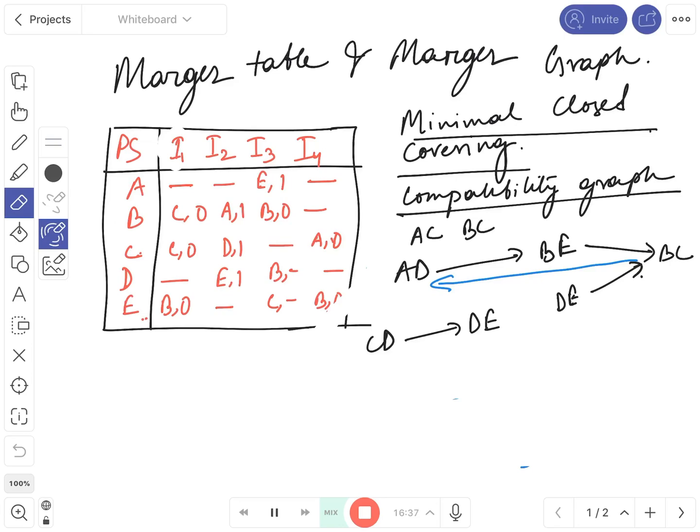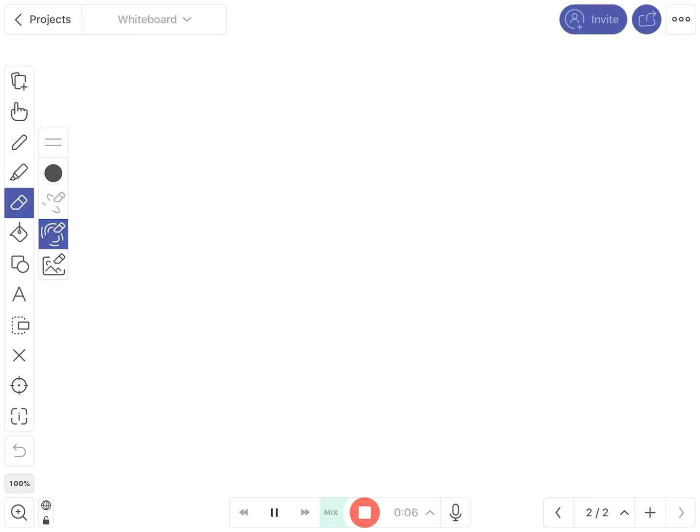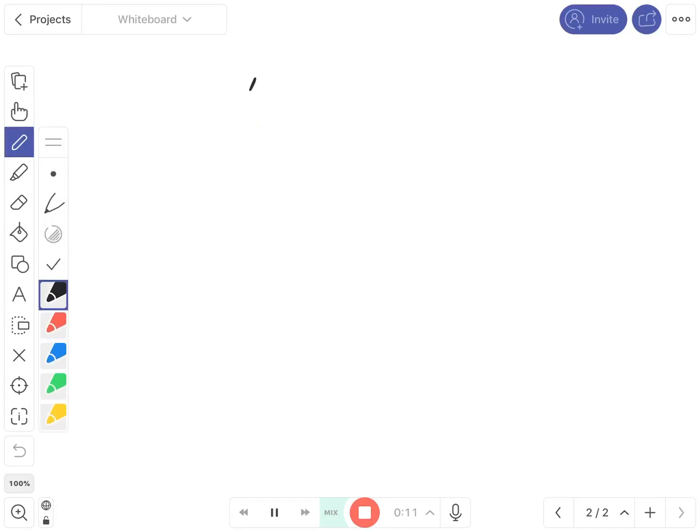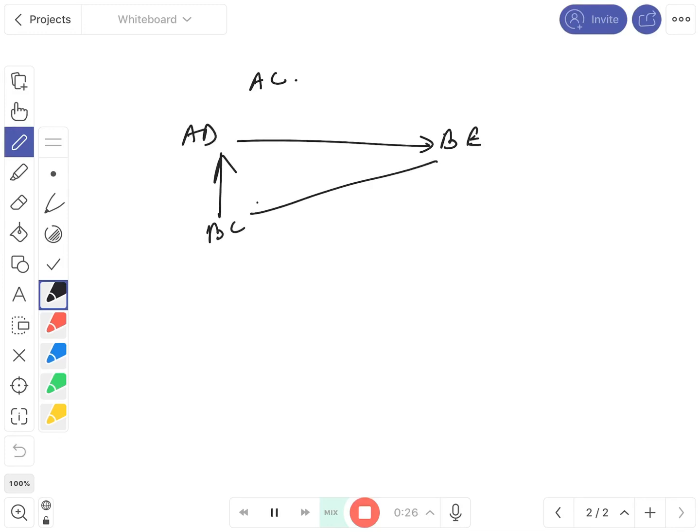So let us draw this again, due to the space congestion. Over here I have AC and I have AD to BE, I have BC to AD, B to BC, then DE to BC and CD to DE.